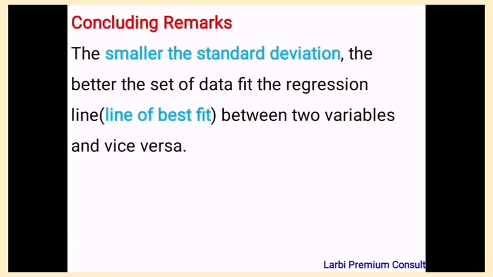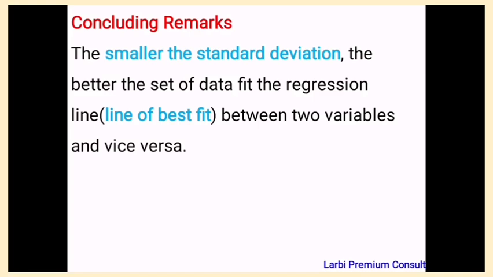So these are concluding remarks. The smaller the standard deviation, the better the set of data fits the regression line. The higher the standard deviation, the more the data doesn't reflect the regression line; it's farther away. But if you get a small one, your margin of error is very small, so we can make a better conclusion and judgment that this set of data reflects its regression line and helps us make better predictions.